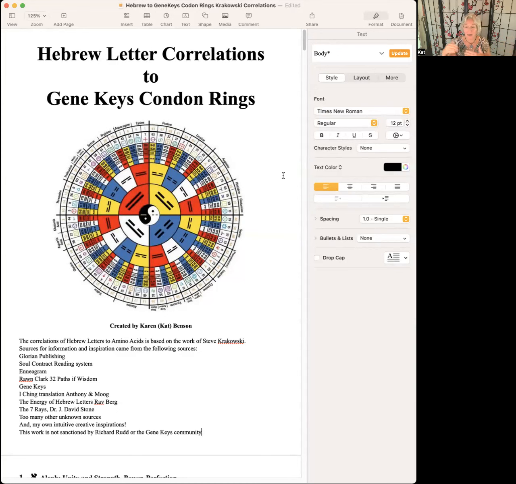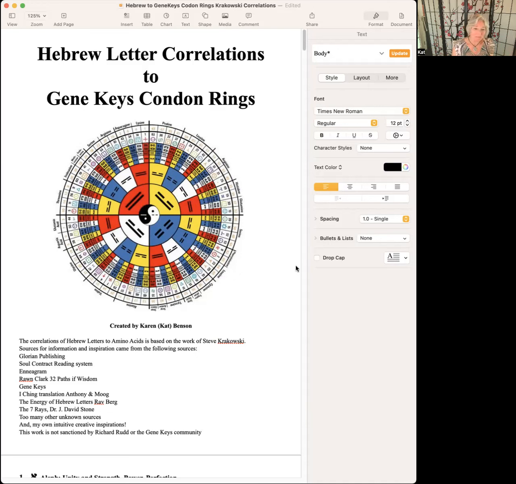So you may find other correlations, but this is the one that Richard Rudd uses. And I just want to make this clear that this is not sanctioned by Gene Keys or Richard Rudd. This is my work. The connection of Hebrew to amino acids was around before Richard came on the scene with the Gene Keys. So this is just out there in the public world.